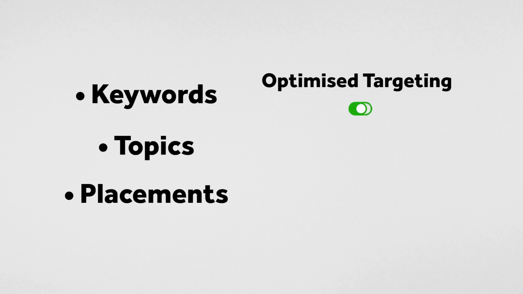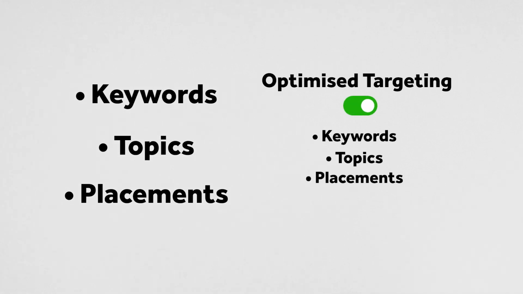This is where I think I'll get the best results. So with optimized targeting on, Google is going to use those as a suggestion, as a signal, but potentially go beyond that if they feel they can find other people that will get you great results. And that makes sense, because if someone is the type of person to be interested in your product or service, even if they're on a website looking at something that is completely unrelated to what it is that you offer, but they're the right type of person, it still might be a good idea to put an ad in front of them in that scenario, right?